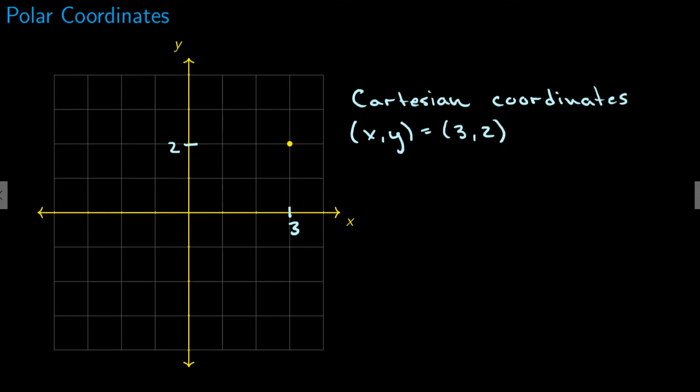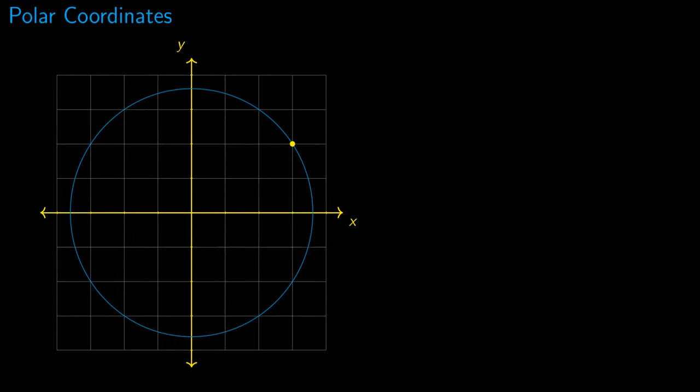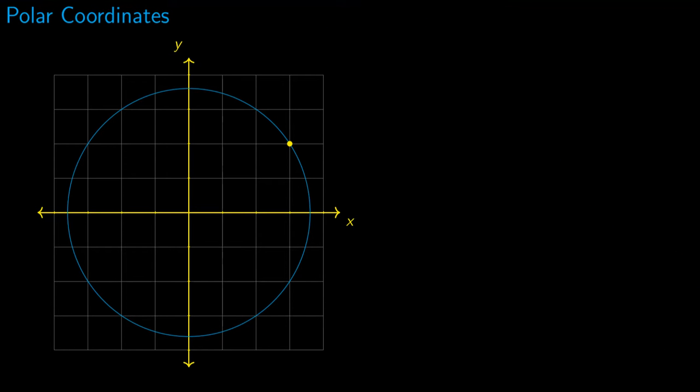And these are perfectly fine coordinates to use, but it turns out that there are other ways to describe a point in space, and one way is using polar coordinates. So polar coordinates don't rely on the x and y axes. Instead, they rely on circles centered at the origin.